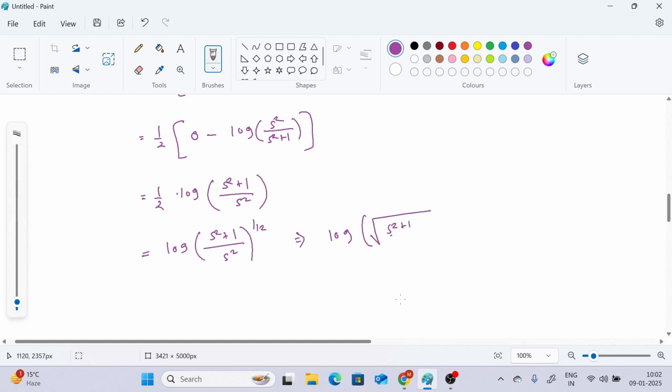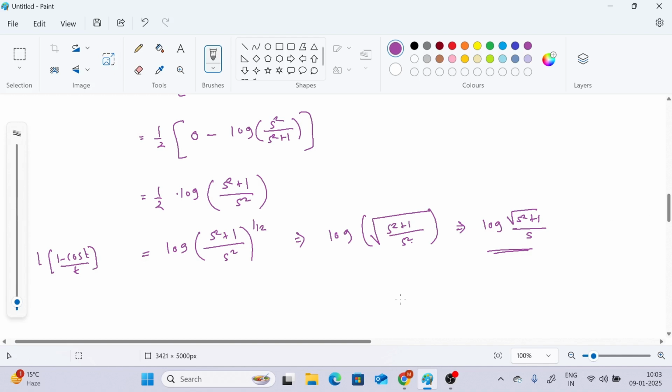After further simplifying, I can write it as log of root s square plus 1 upon s, and this root will be gone. Till this, we have found the value of Laplace of 1 minus cos t upon t.